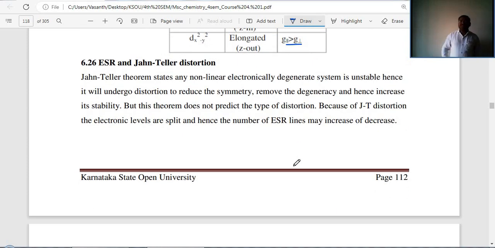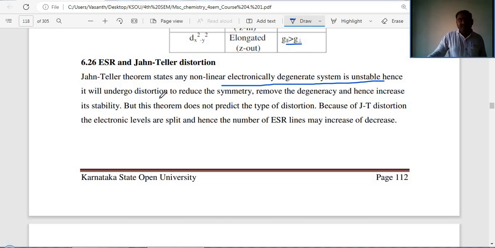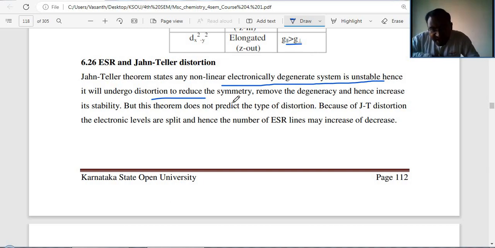In the ESR spectrum, the Jahn-Teller distortion is a major and important topic. The Jahn-Teller theorem states that any nonlinear electronically degenerate system is unstable. Hence, it will undergo distortions to reduce the symmetry, remove the degeneracy, and hence increase its stability.